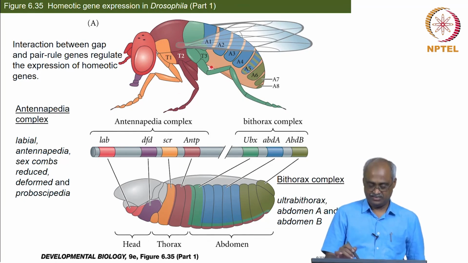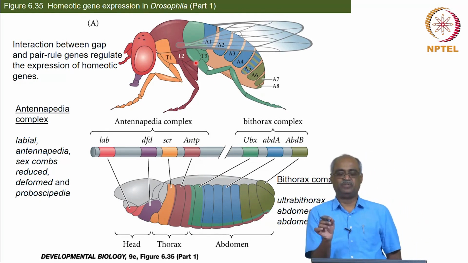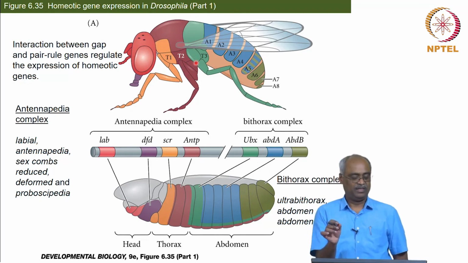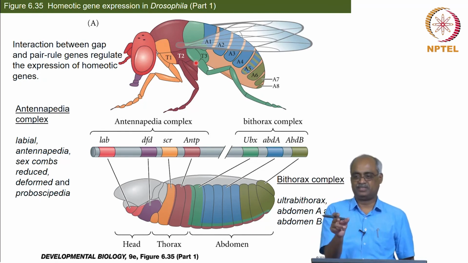Here in T3 the wings do not form primarily because this ultrabithorax expression converts the wing-like structure into a haltere. Haltere is a short rudimentary wing-like structure that helps in balancing the flight. So, this is a dipteran insect, meaning a two-winged insect.